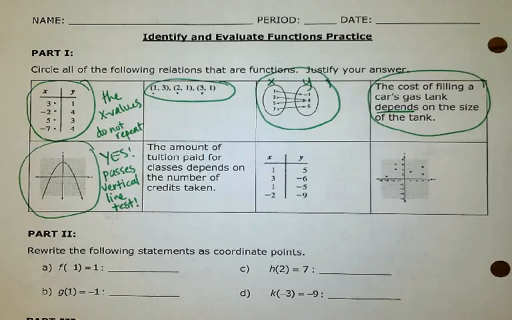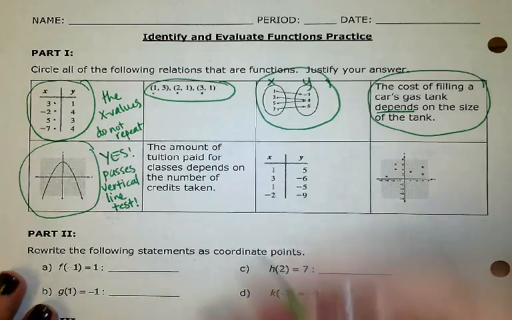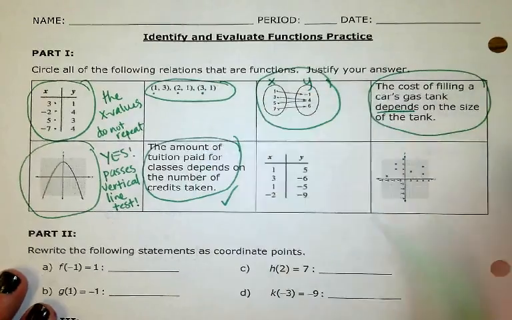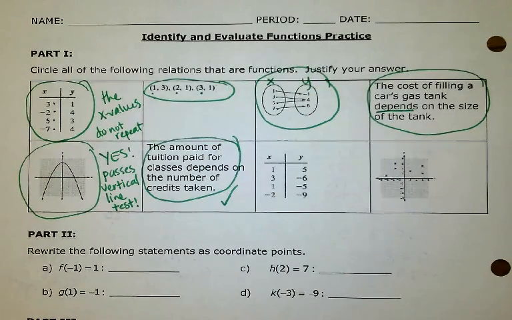There are some universities that do it where if you just pay full tuition, it's like a window of classes that you have to take to be considered a full-time student. But I would say the amount of tuition paid depends on the number of credits taken. I would say yes, that is true. Okay? Some universities do it a little bit differently.